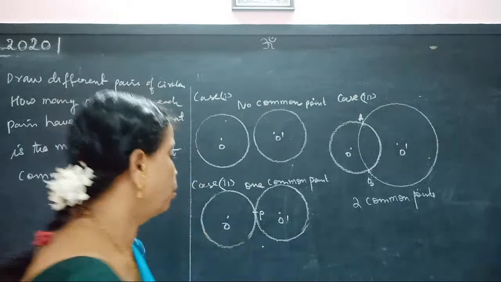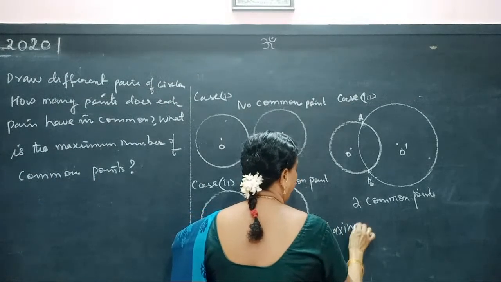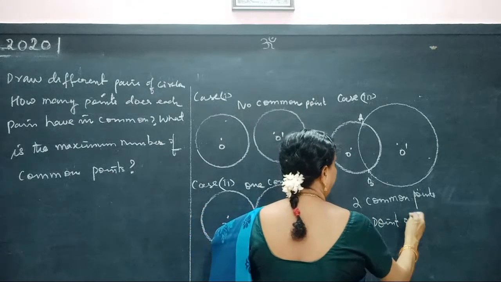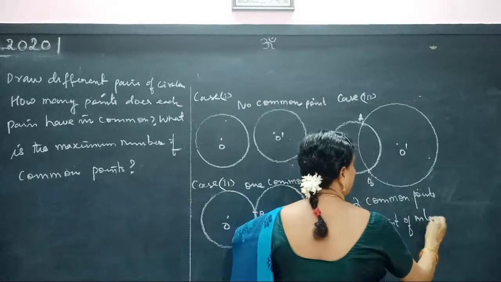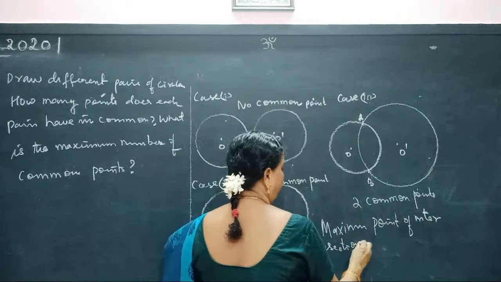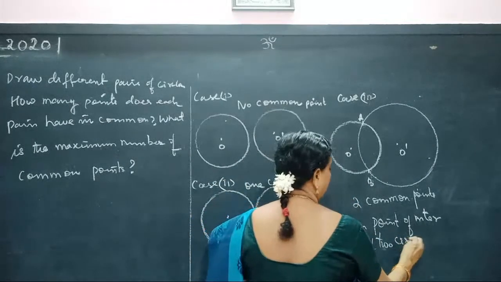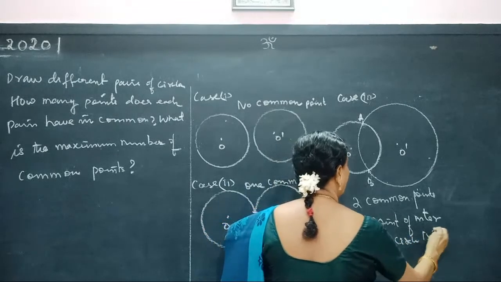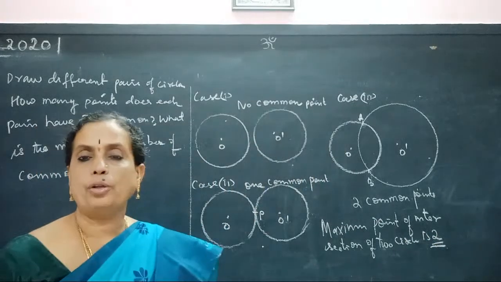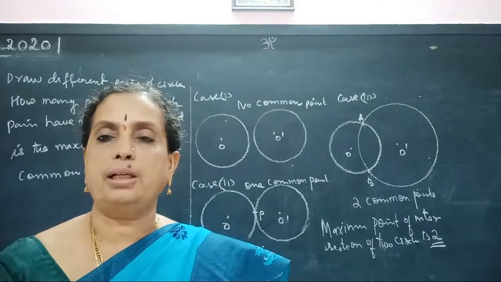No. So the maximum number of points of intersection of two circles is 2. Not more than 2 points of intersection one pair of circles has.